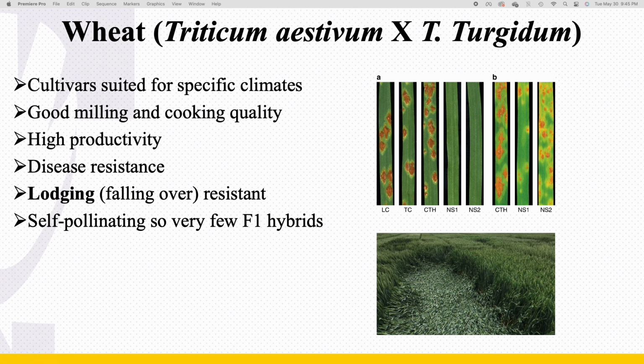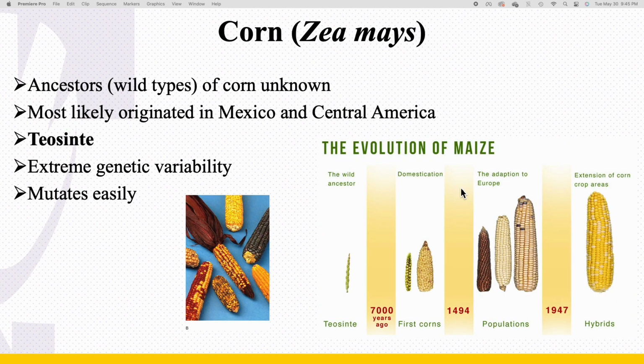So you really kind of have to go in and intentionally genetically modify this. And then also we get some of these disease-resistant varieties that we can overcome some of those problems with.